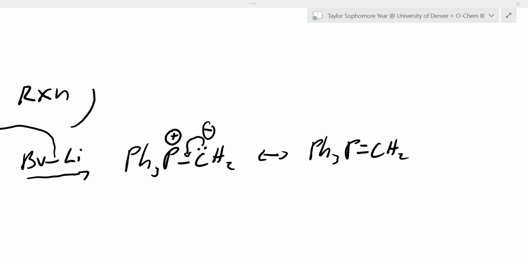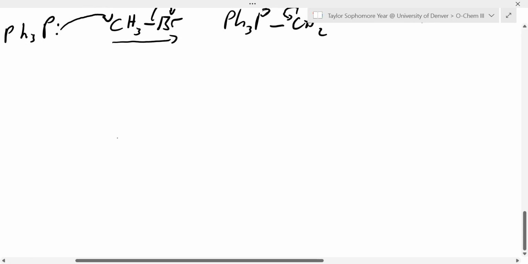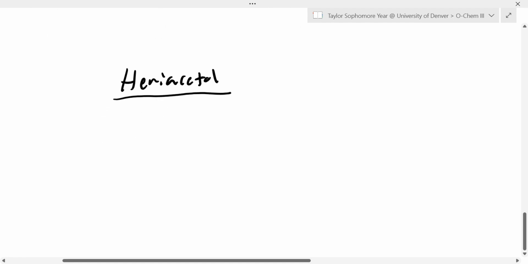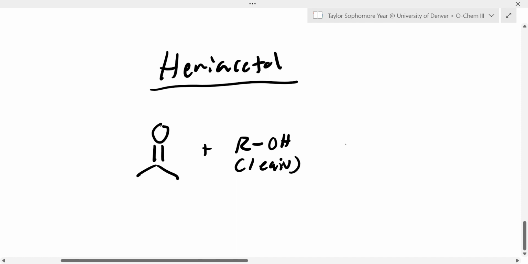When we're looking at hemiacetal formation from ketones, we'll use a ketone, for example, and when we use ROH, one equivalent, that can produce essentially an OR, OH product.